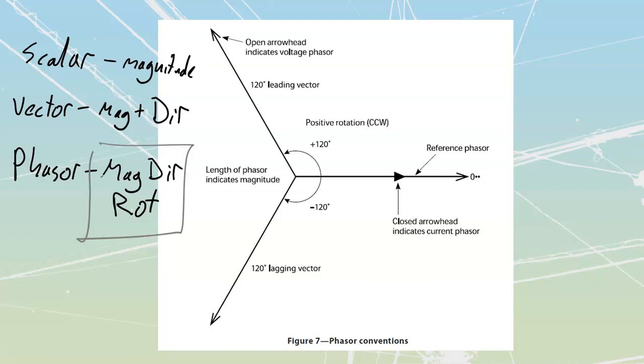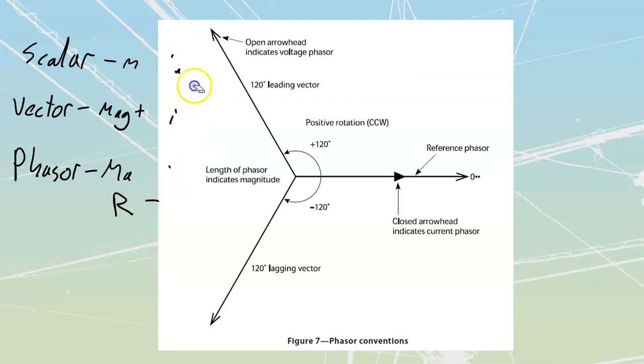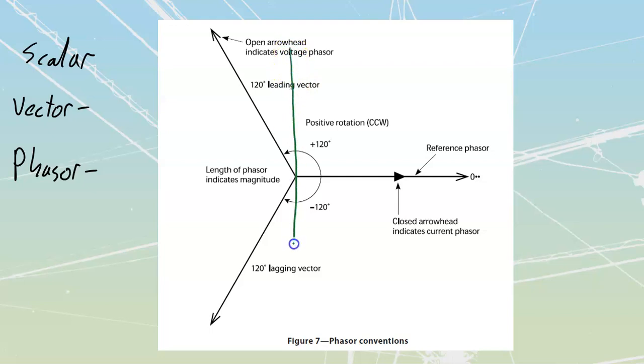Okay, a couple of different conventions that we need to talk about for these. The first thing that I want to do is take this entire drawing over here and remove all of that. And I want to draw in the background of this thing some coordinates. You guys remember this from level 2 and from basic math. We're going to have quadrants 1, 2, 3, and 4 over here.